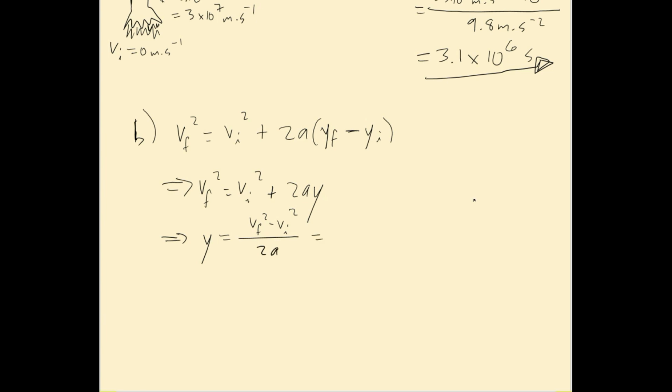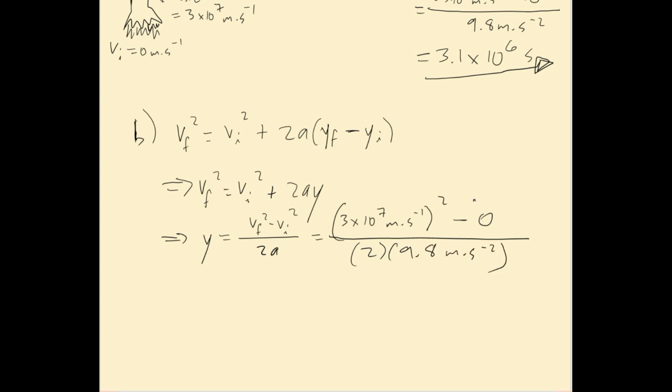We know that the final velocity was 3 times 10 to the 7 meters per second, and remember this is now squared, minus just 0, and 0 squared is just 0, so we don't care. And then 2 times the acceleration, which is 9.8 meters per second squared.